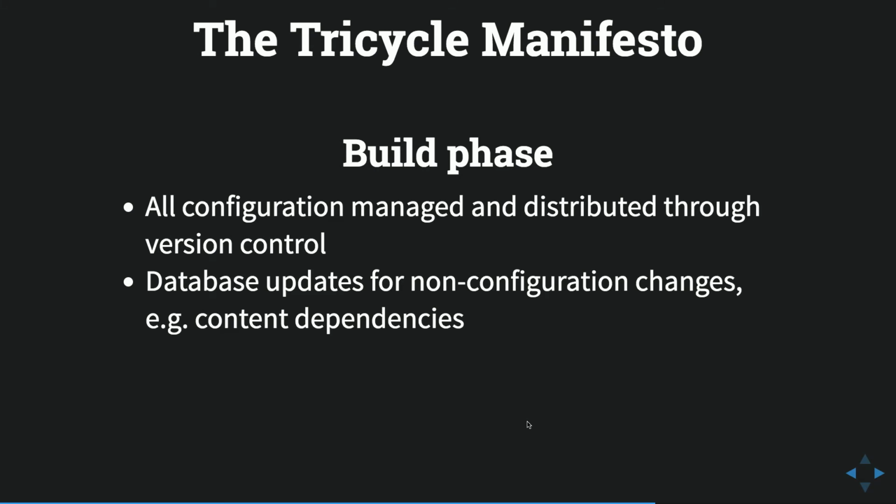You might need to do database updates or the default content module. There are a few options now with Drupal 8 for how you get non-configuration, kind of hard things that don't quite fit in there, like I was talking about content dependencies. There are other ways to do that that aren't supported fully by the config management system.